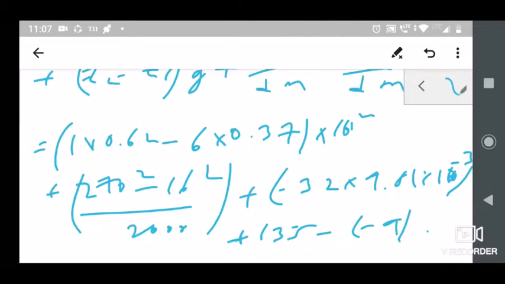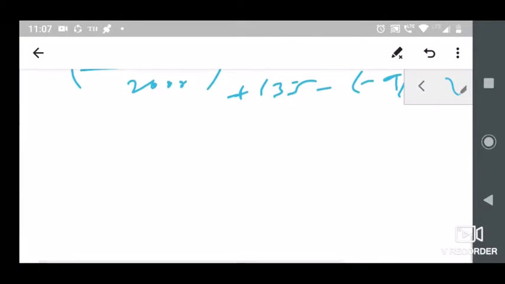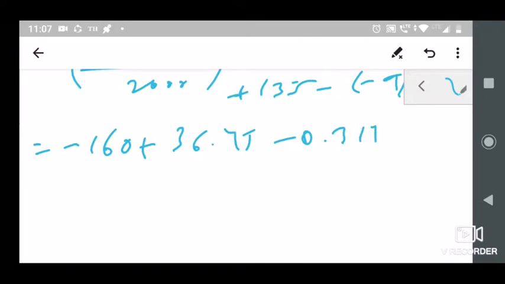By simple substitution, we get minus 160 plus 36.45 minus 0.314 plus 135 plus 9.